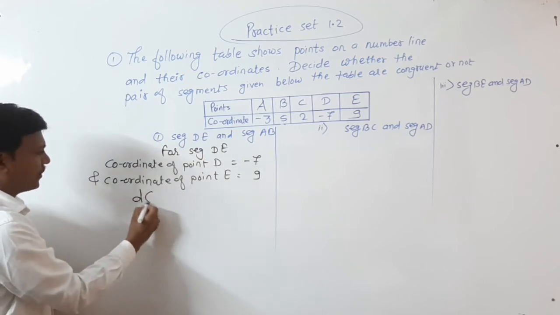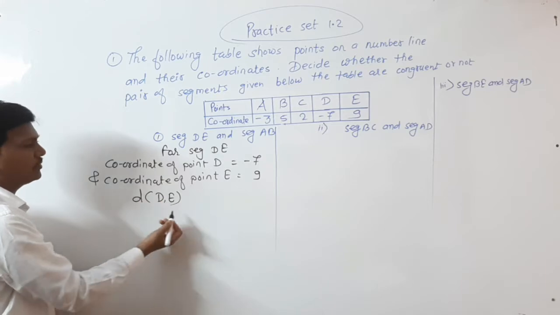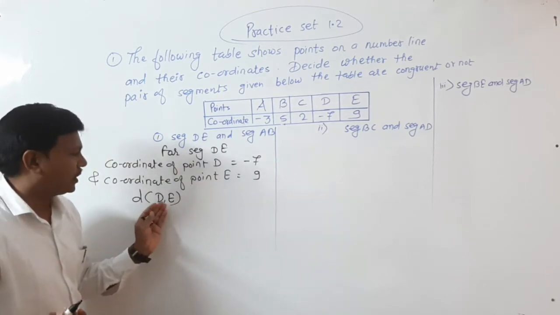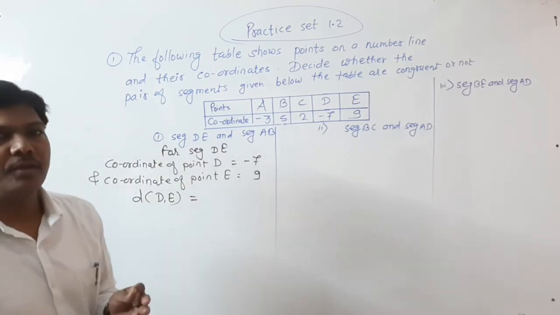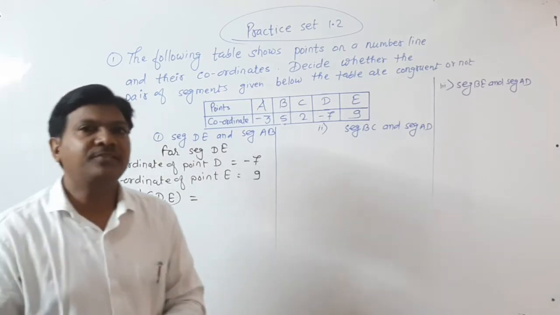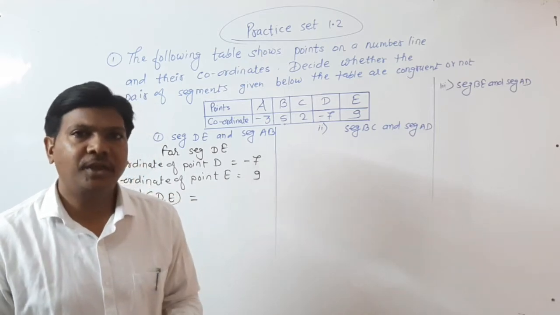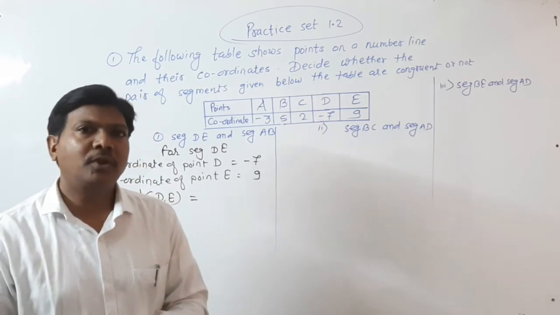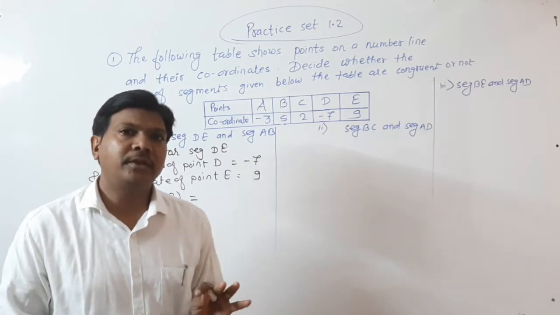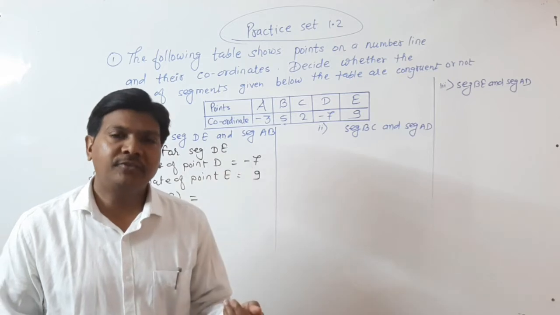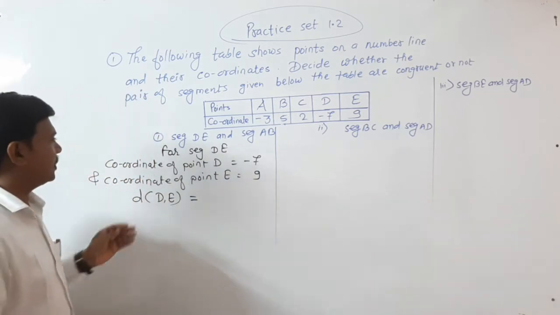Then you know how to find the distance between 2 points, that is the distance between point D and E. Now, from the coordinates of both, the smaller coordinate we subtract, and then we get the distance. You know distance is never negative. To find the distance, from the bigger coordinate you have to subtract the smaller coordinate.